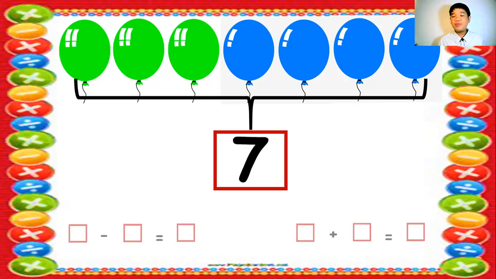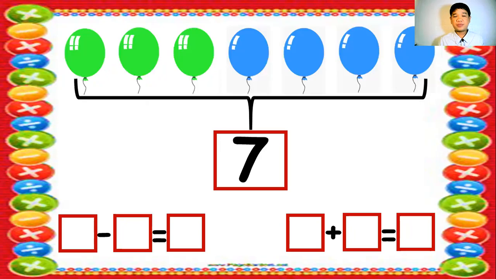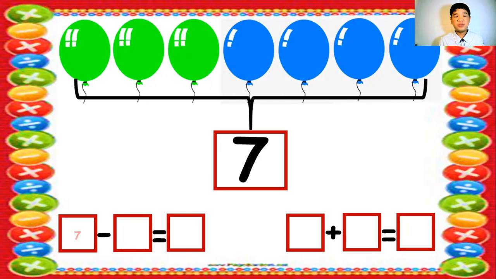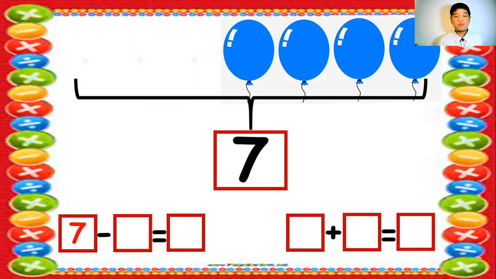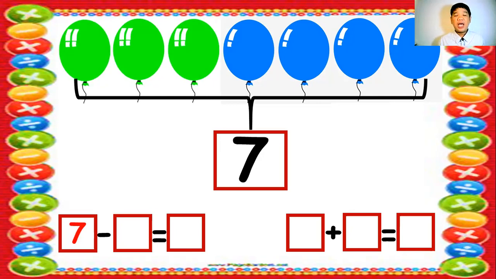Now this time, I am going to ask you questions, and you have to analyze according to the colors of the balloons. Our first question is, we have 7 balloons, and how many blue balloons do we have?